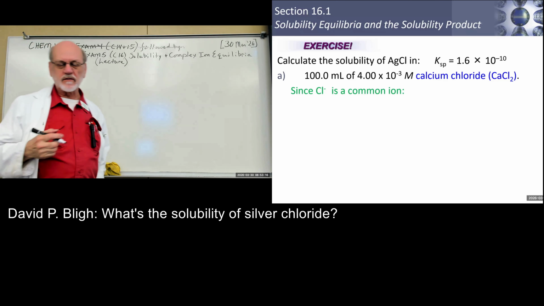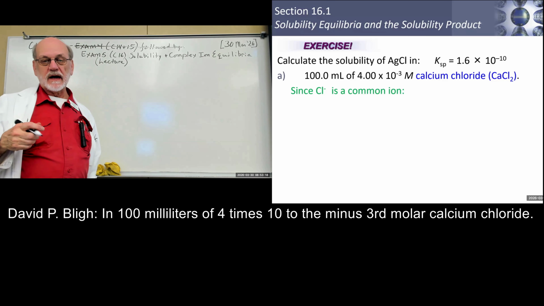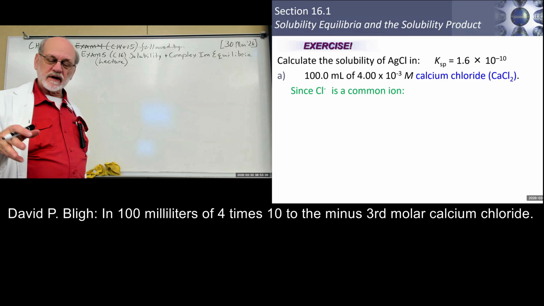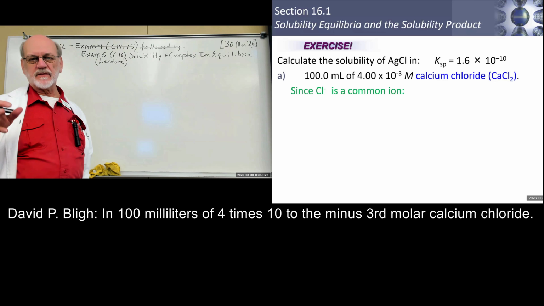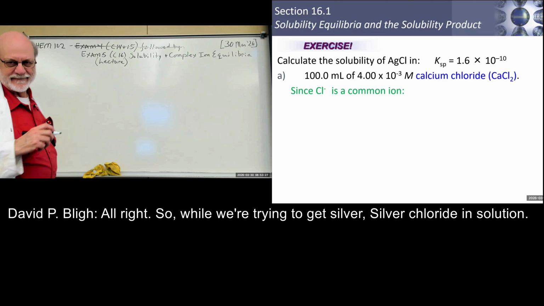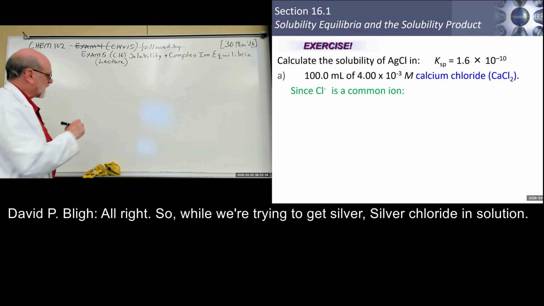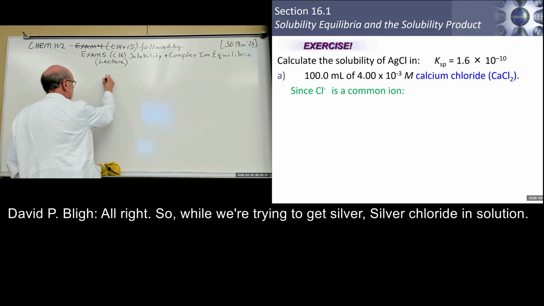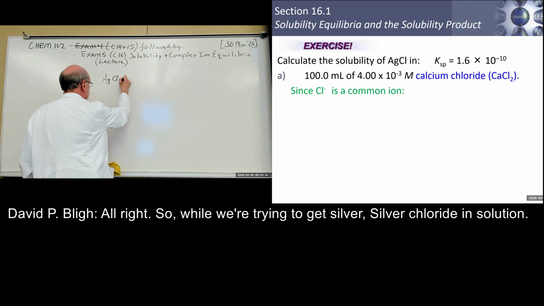All right. What's the solubility of silver chloride in 100 milliliters of 4 times 10 to the minus third molar calcium chloride? All right. So we're trying to get silver chloride in solution.